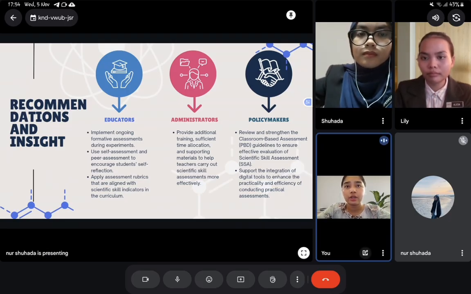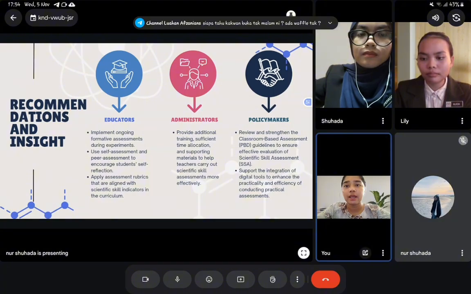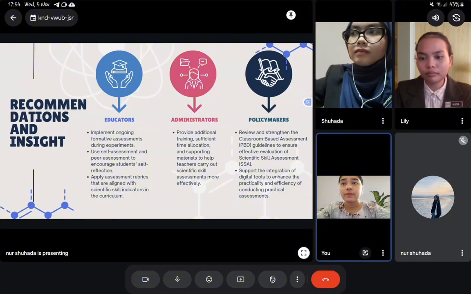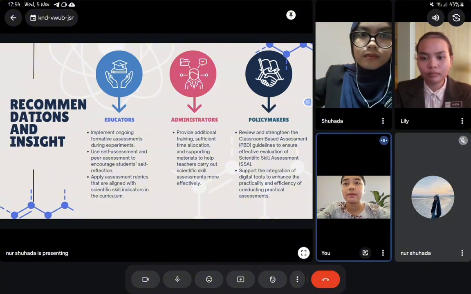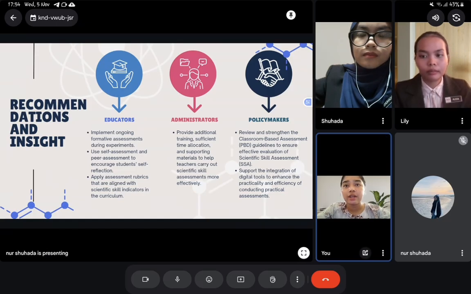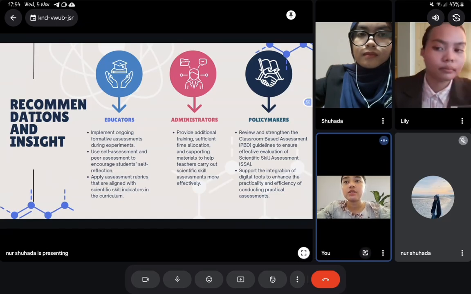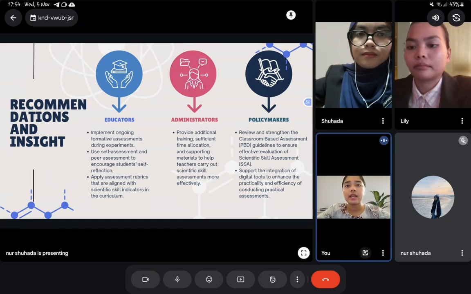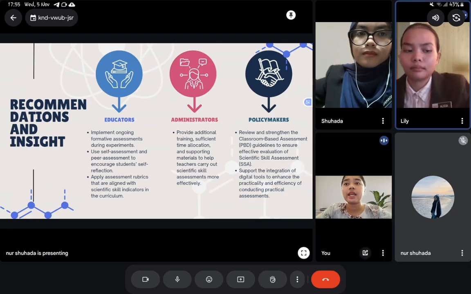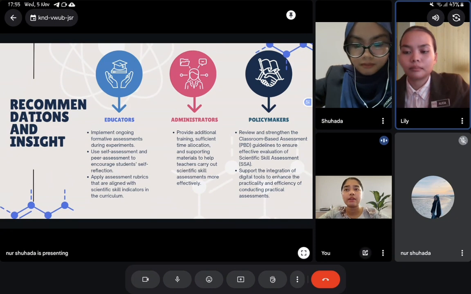This allows for immediate feedback and improvement. For example, during an experiment on the effect of light on plant growth, a teacher can assess student observation, measurement, and data recording skills while they conduct the activity, not just based on their final report.